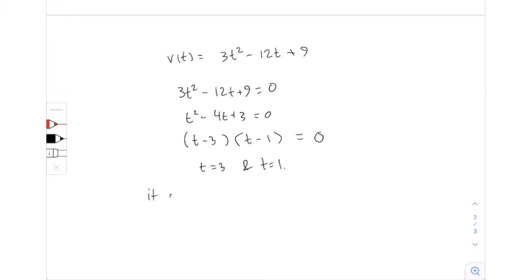So it is at rest at time 1 second and 3 seconds. All right. Now, if you're thinking about this thing moving, probably this does not mean that it actually comes to a complete halt. Probably this is because it's changing directions, and at that one instant when it's fully turning around, it is having no motion at that one moment.